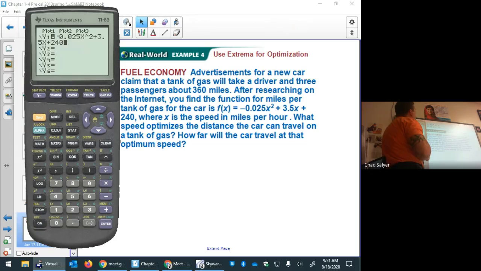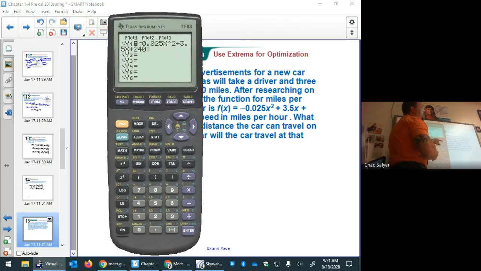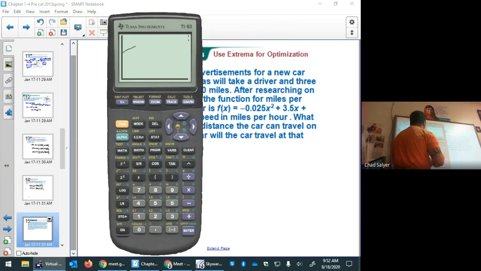So let's go from, I don't know, 0 to 400 on the y, and then speed is the x. So let's go from 0 to 100 miles an hour. So once again, the x values will go from 0 to 100, because those are the most reasonable constraints for speed. And then in miles per tank, let's go from 0 to 400. And we'll adjust as necessary.